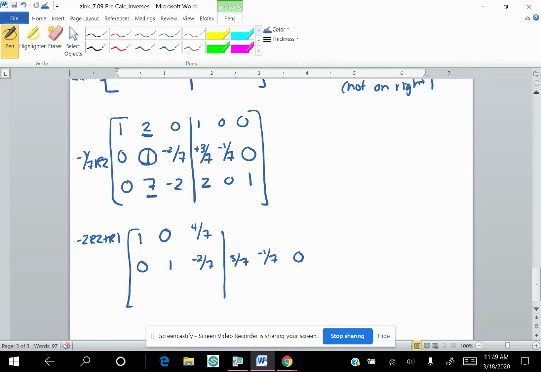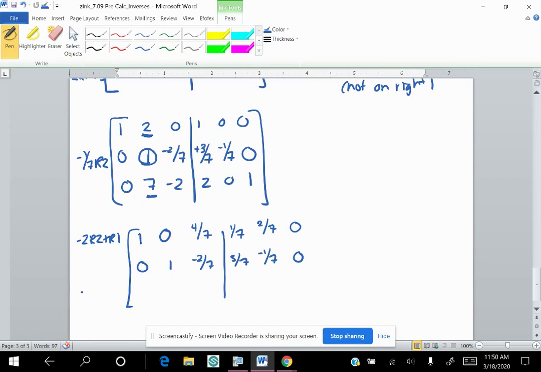And we want to add that to 1, give us 1/7. Then we want to do negative 1/7 times negative 2, which will give us 2/7 plus 0 is 2/7. And then 0 times negative 2 would give us 0 plus 0 is 0.